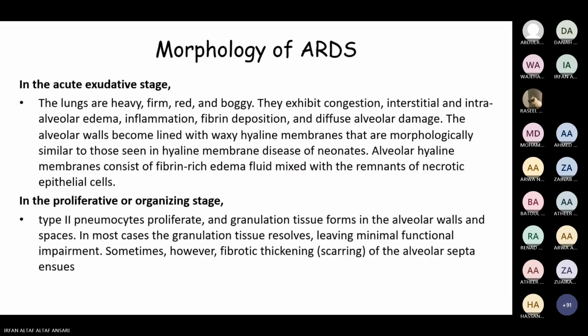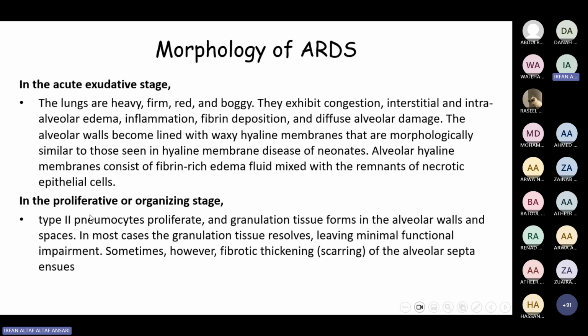Okay, so you have two phases: the acute exudative stage and the proliferative or organizing stage. In the acute exudative stage, the lungs are heavy, firm, red and boggy. There is a formation of waxy hyaline membrane.